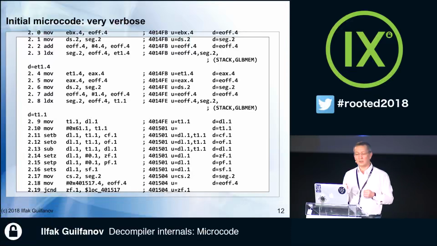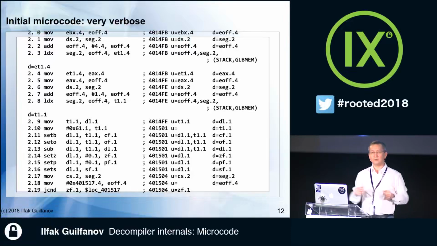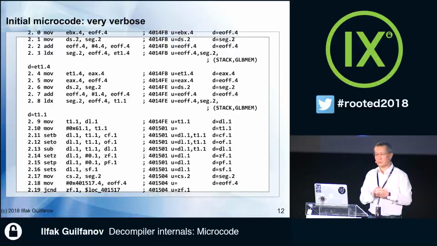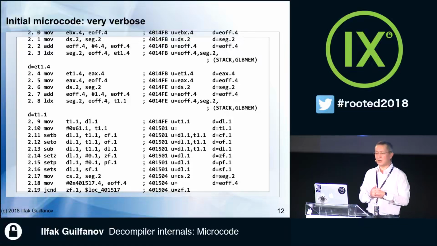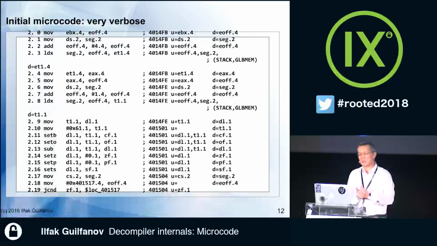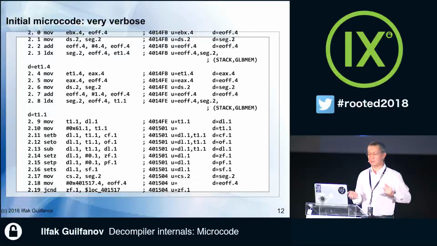So in total, it got expanded into 5 micro instructions. We had only 5 processor instructions, and you see how many micro instructions we have. It's a bit difficult to read because it's very verbose.